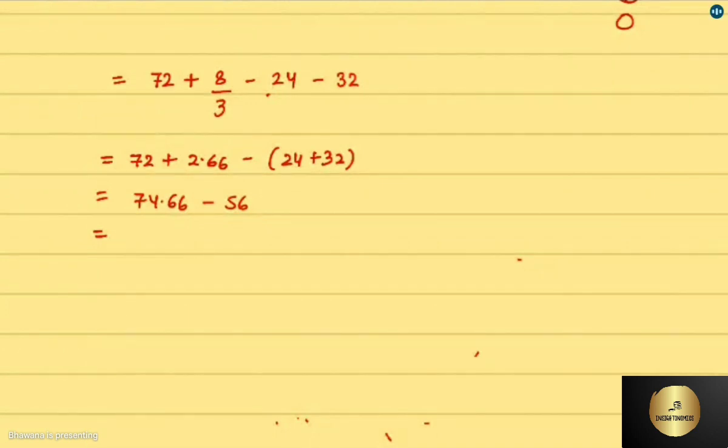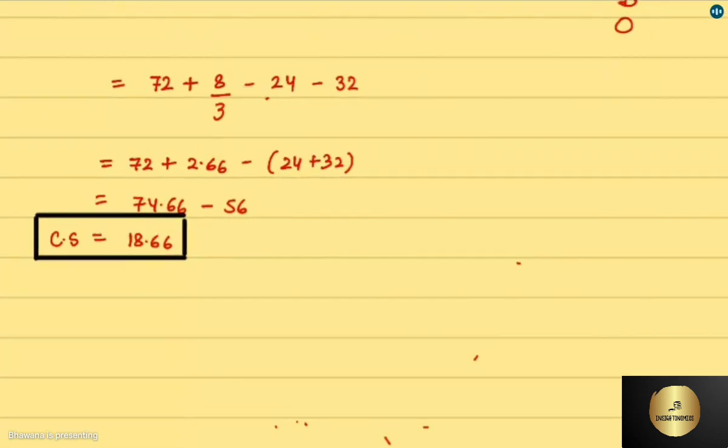So when you subtract, you will get 18.66. This is your consumer surplus. This is the area of that triangle, which is equal to 18.66.